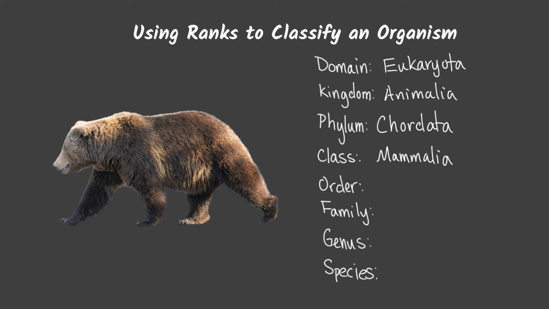Getting more specific, we go to the order Carnivora. Carnivora sounds a whole lot like they are a carnivore and they eat meat, but this is actually referring to the type of teeth that an animal has. So it's the type of teeth that would usually be used to eat meat.